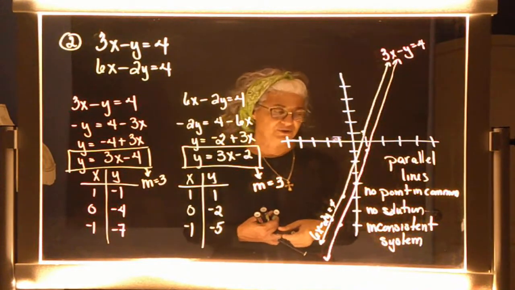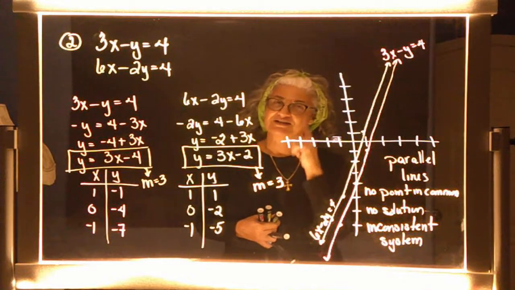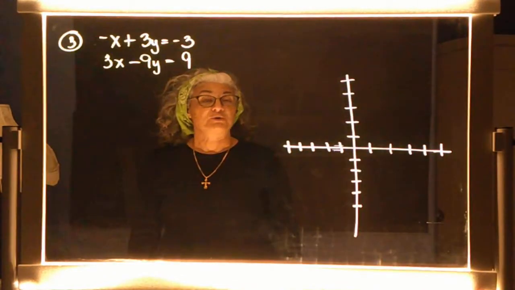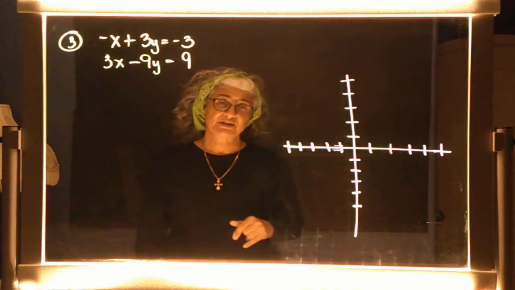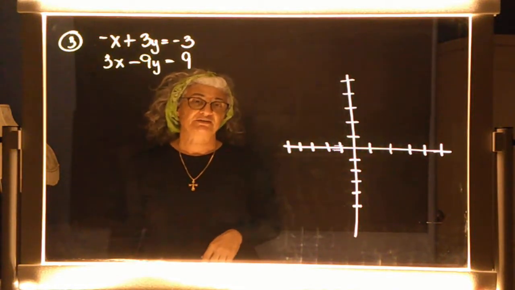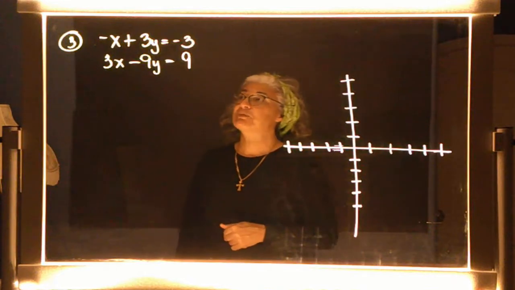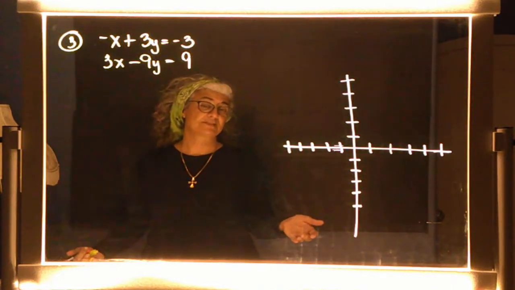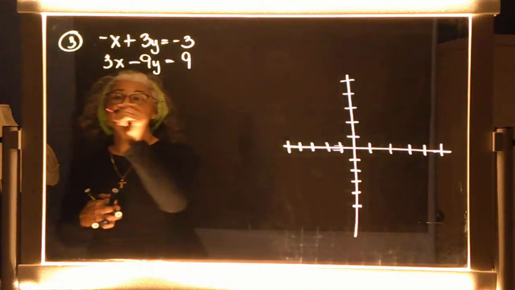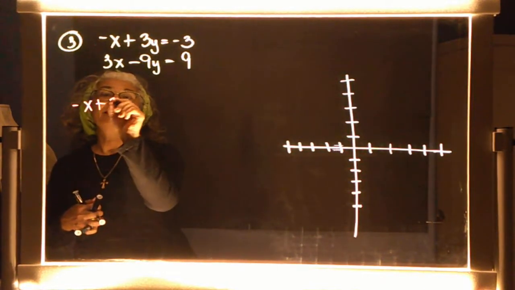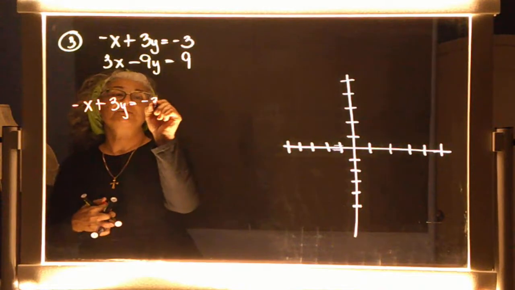Okay, hang in there. Got another graphing problem for us. Okay, so let's look at this third example. I'm still solving this system of equations, and now I'm solving by graphing. Cool? Okay, so they're both going to be lines. I'm going to take the first equation, and I'm going to solve for one of the variables.